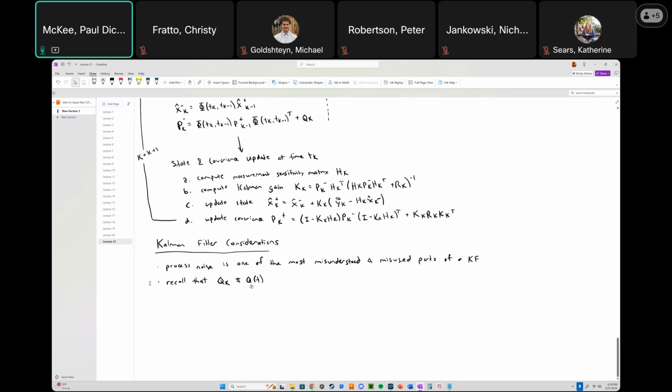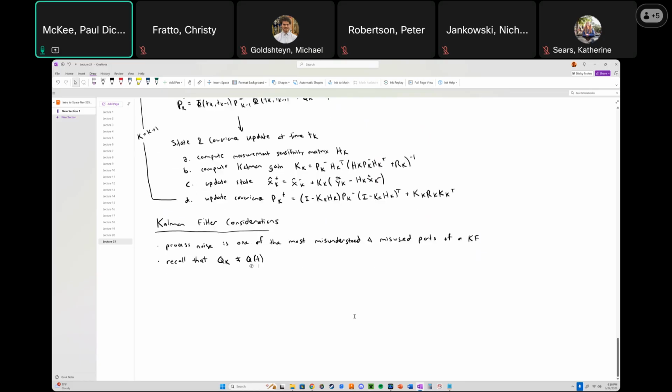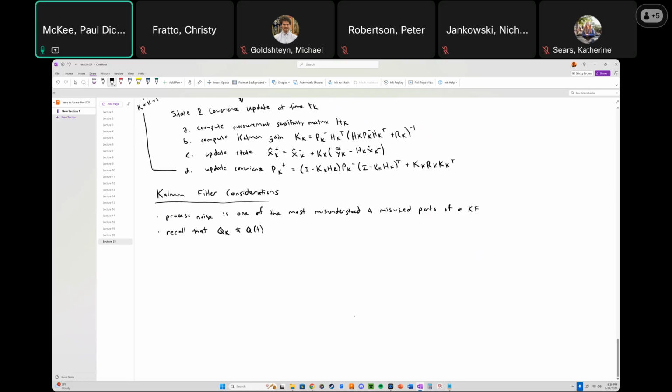So there are 2 ways of considering our covariance propagation. The first of those we'll talk about is the ODE int method. So we have P dot of t is F of t P of t plus P of t F of t transpose plus G of t Q of t G of t transpose. Boy, that just fit.